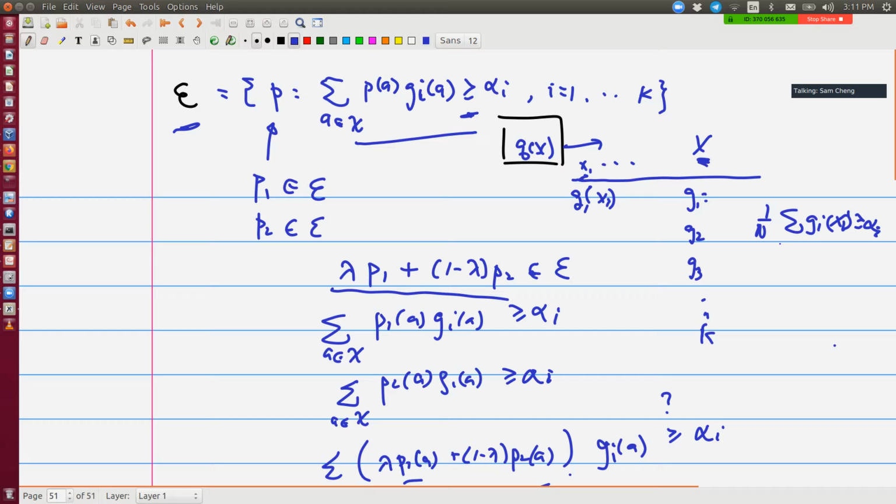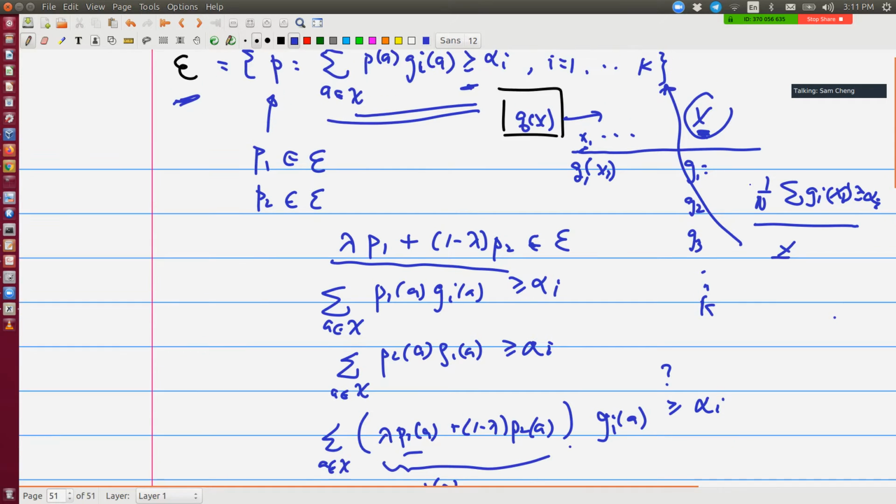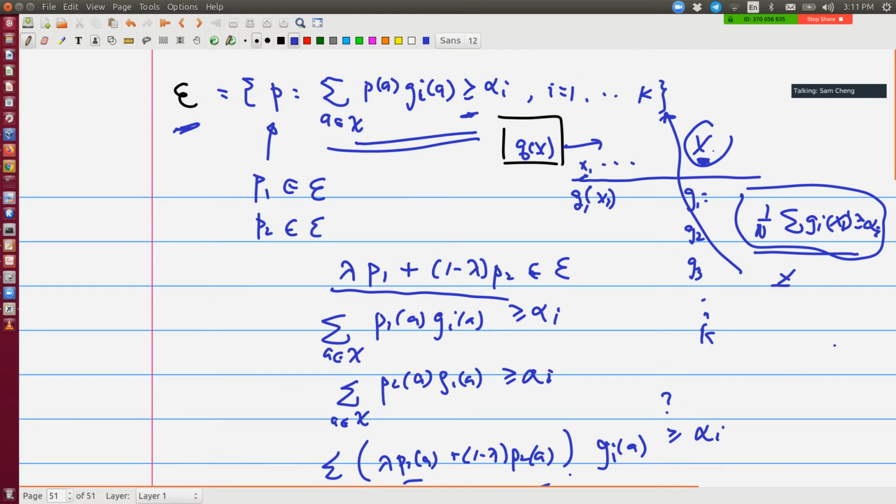Then that also means that this x will fall into one of these types here, right? So x will belong to a type in E.